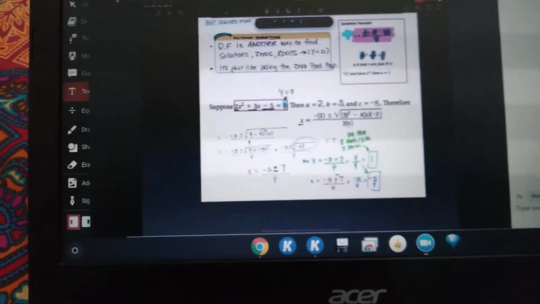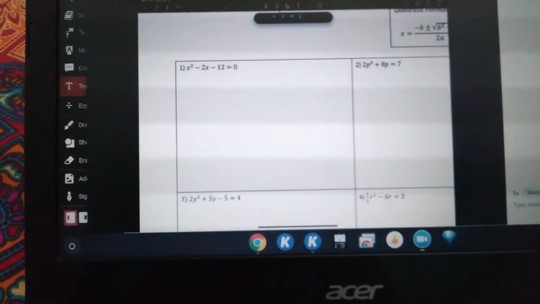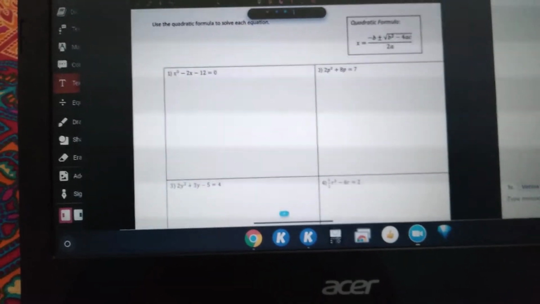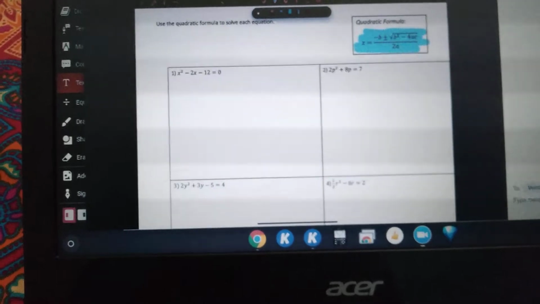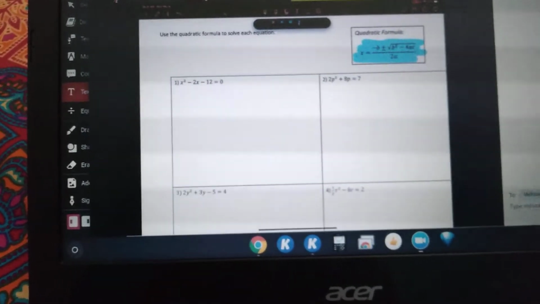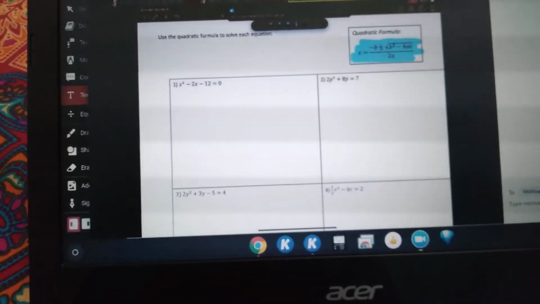Good. All right, David says this is a long process and you're still figuring it out. David, it's long, but it's really, really easy. So here is, again, the formula. So step 1, if you're using the quadratic formula, is identify your a, your b, your c in the equation.